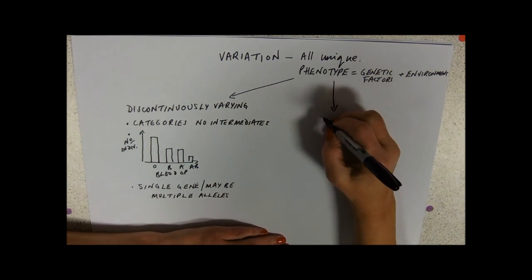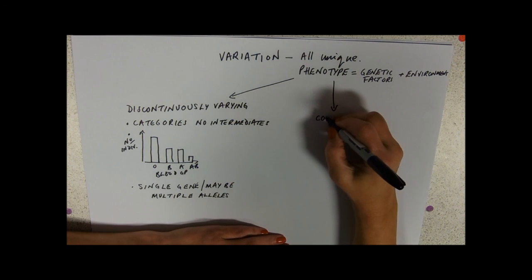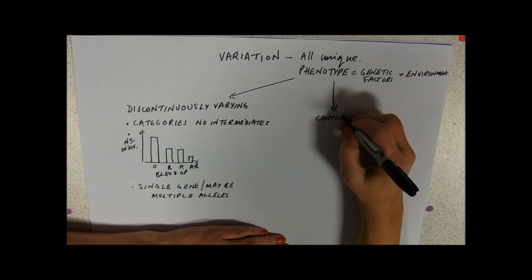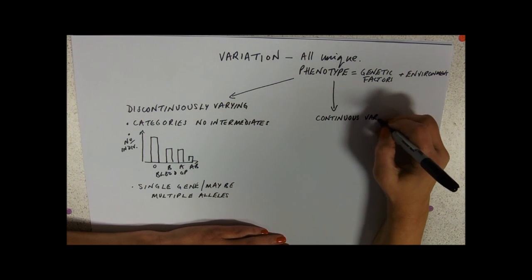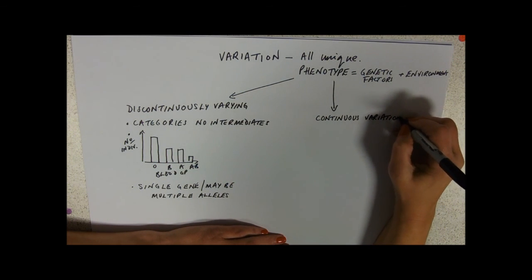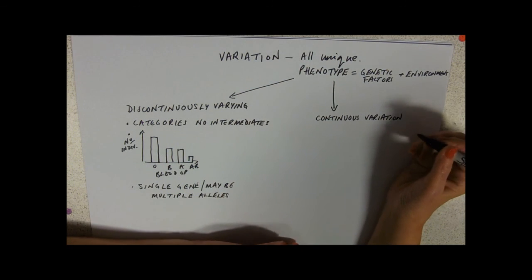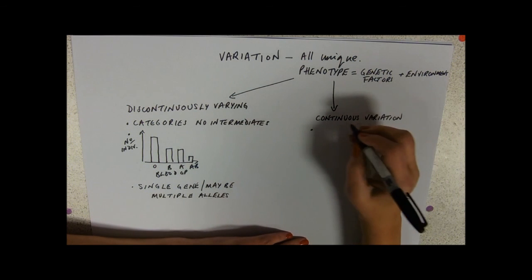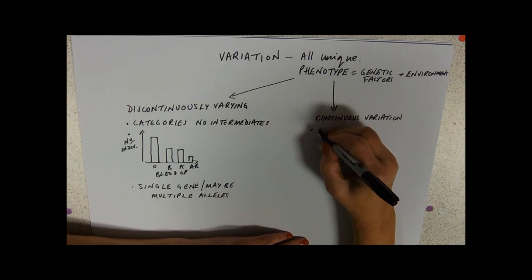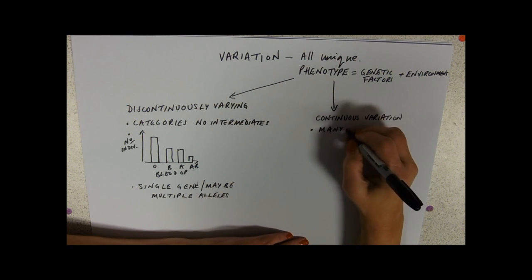The other sort of characteristic we've got are ones that show continuous variation. These are ones that Mendel would have struggled with, to be honest, because these have many intermediates.